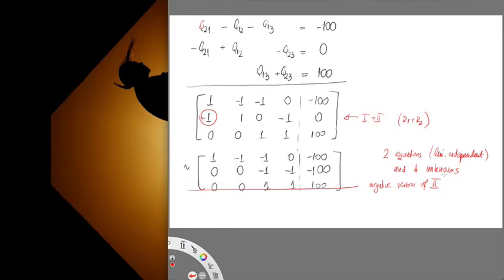So Q23 could be this one parameter that I set, and I can call this one the second parameter, and then I express things from there.